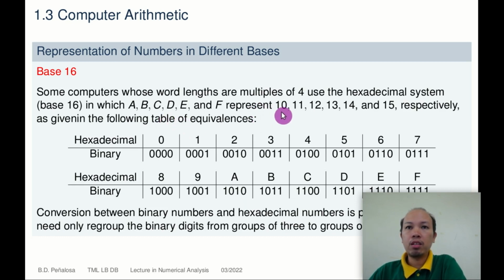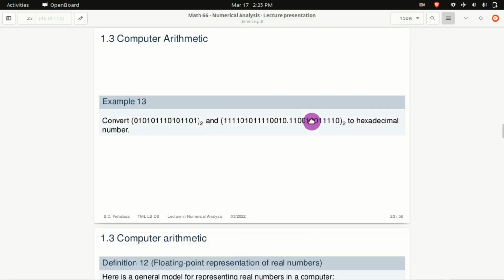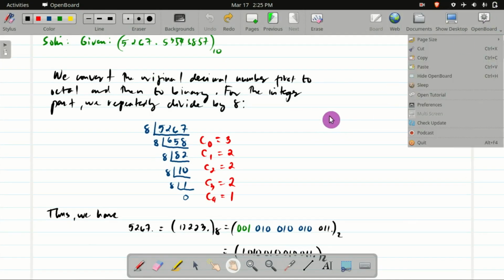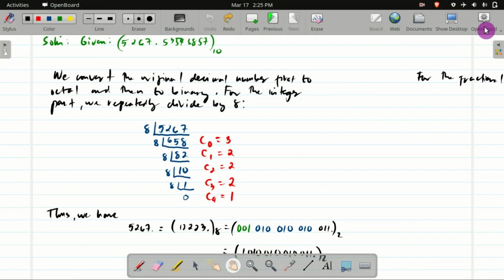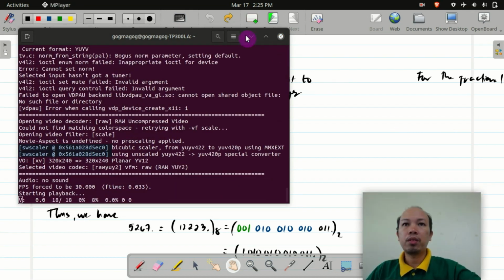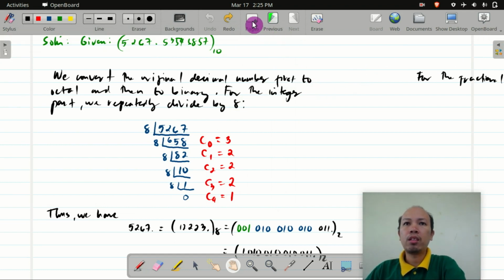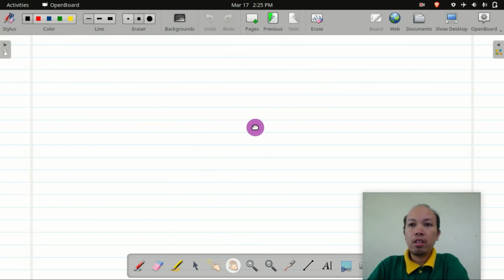The reason is, as I have said before, let me illustrate it here. Let's have another page here.